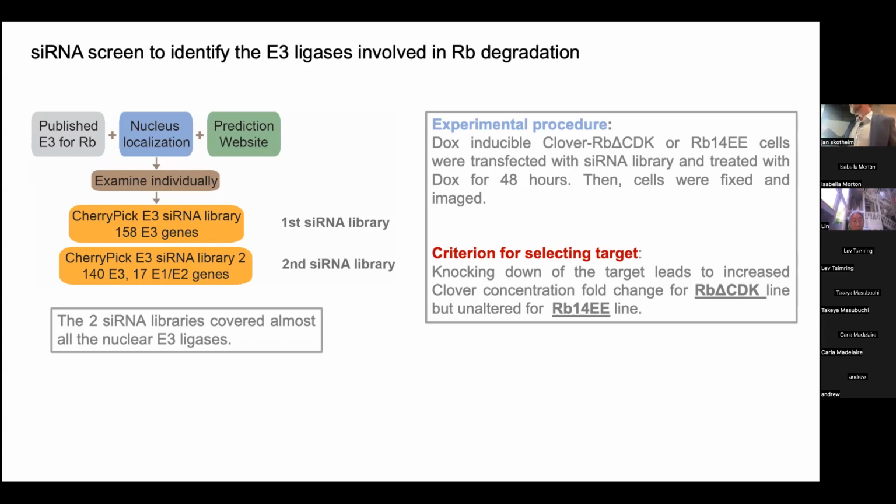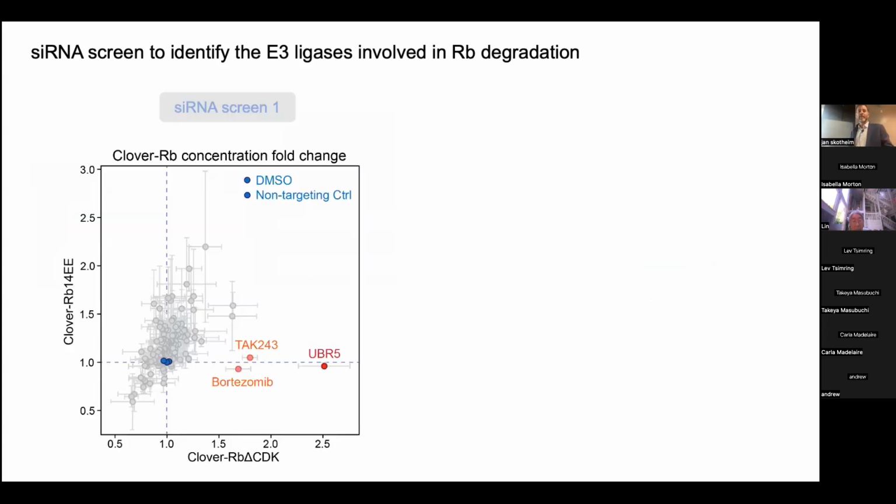So we have this unstable one and the stable one, and the prediction is that the knockdown of the E3 should affect the unstable one, but not the stabilized one. And so the data look like this, right? We can see that for the unphosphorylated, unstable RB, when we knock down UBR5, it increases quite a lot, but the phosphomimetic one doesn't increase at all, right?